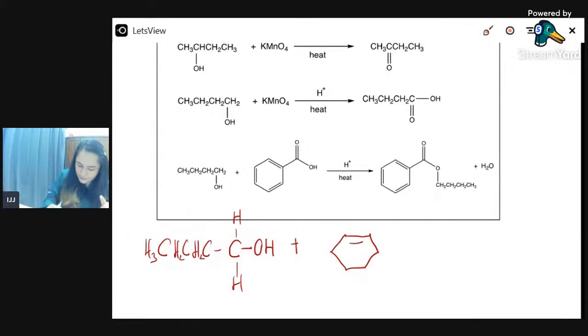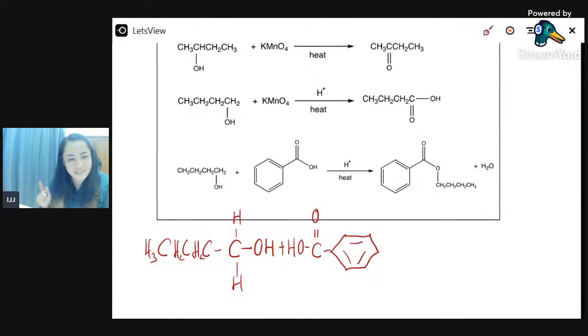This is benzoic acid. You bring the COOH close. Bring the functional groups close, then it is easier for you to do this. In esterification, it will eliminate the OH group from your carboxylic acid and eliminate H from your alcohol.